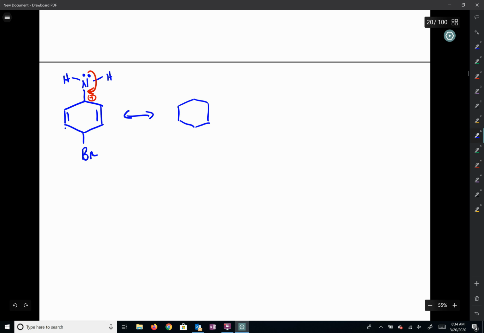Not enough coffee yet. All right, so we got this, this. Right? This is the important part, right? We can add another resonance structure into this mix with a lone pair on the group bound to the ring.